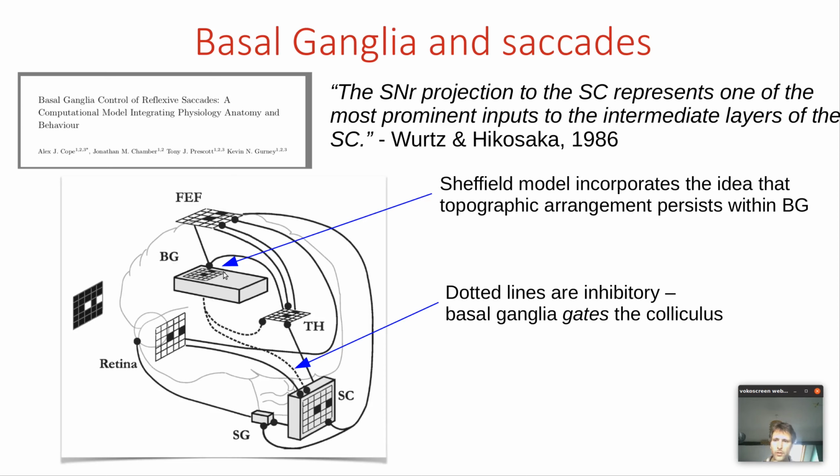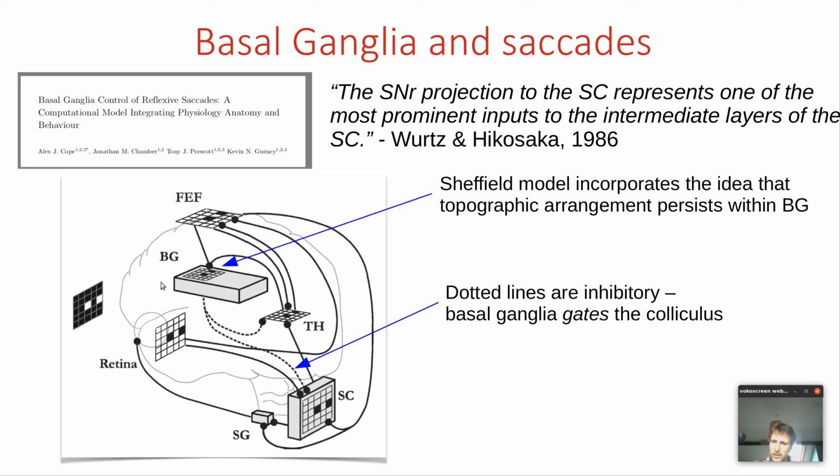So the model incorporates the idea that, of course, we've got topographic arrangement of tissue in the frontal eye field, in the retina and the colliculus, but this model incorporates the idea that that topographic arrangement persists in the basal ganglia and also in the thalamus. Note that these dotted lines are inhibitory.